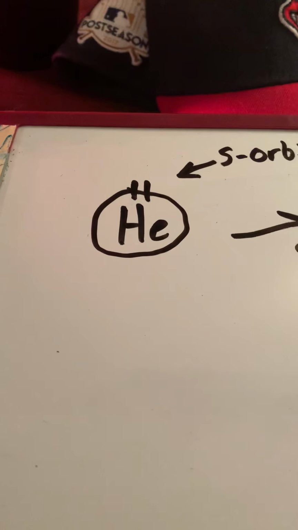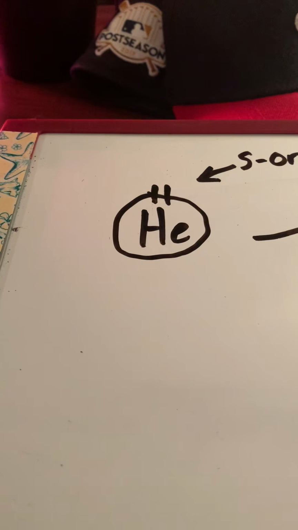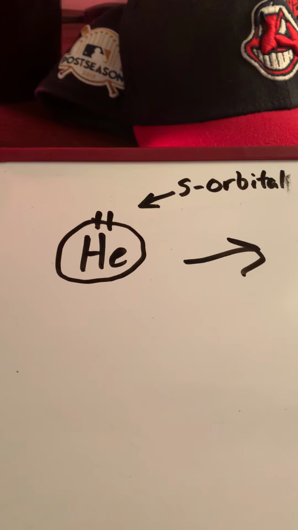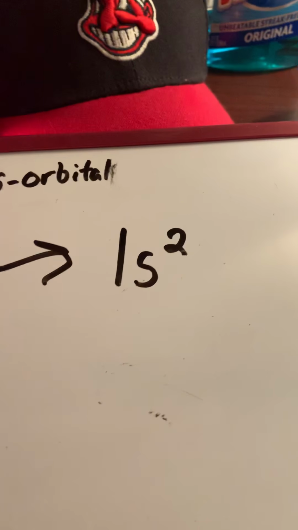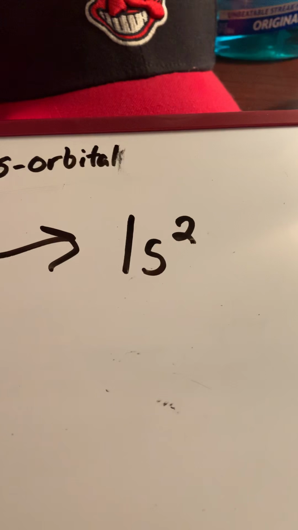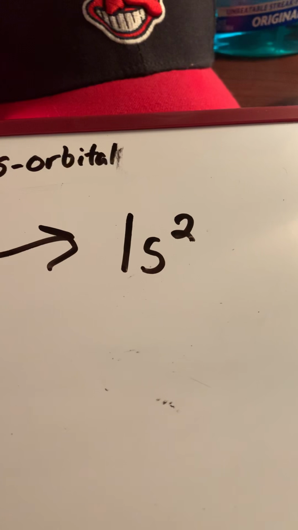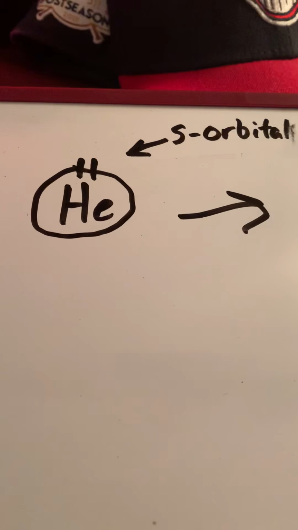So because those are 2 electrons in the first energy level, we're going to put a 1. We know they're in the s orbital because they're up top, so we put an s. And you see that 2, it looks like an exponent here. That's just how we show it. Because there are 2 electrons there, we put a 2. So it's 1s2.